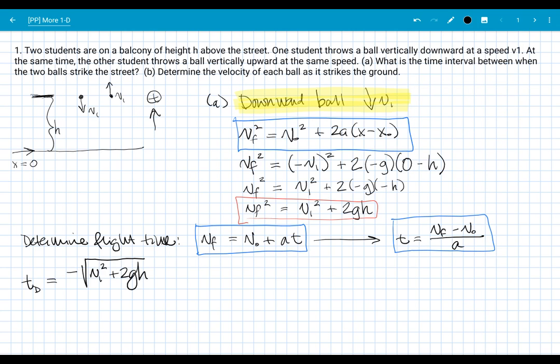Then I'm going to continue on with the equation. Minus V naught. V naught in this particular problem is given to us as V sub 1, which is directed downward. So if V1 is directed downward, then that's actually negative.